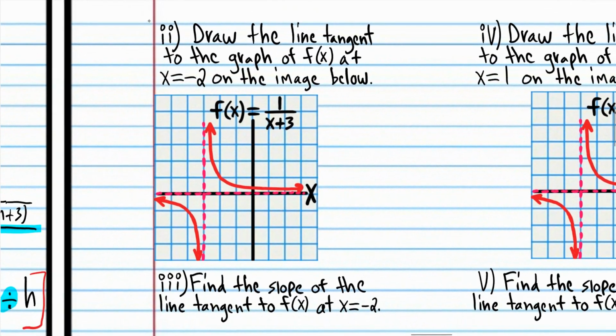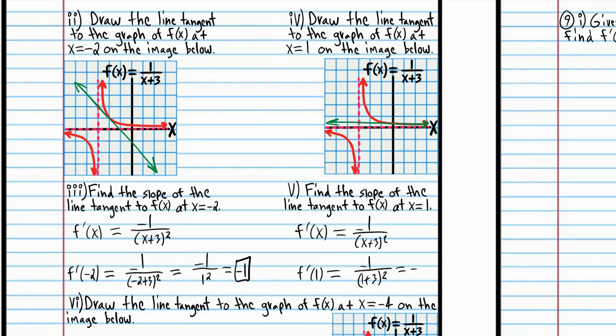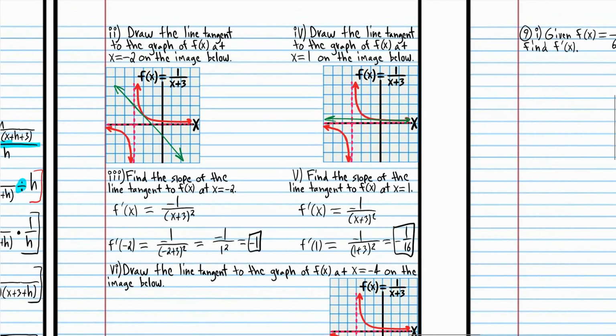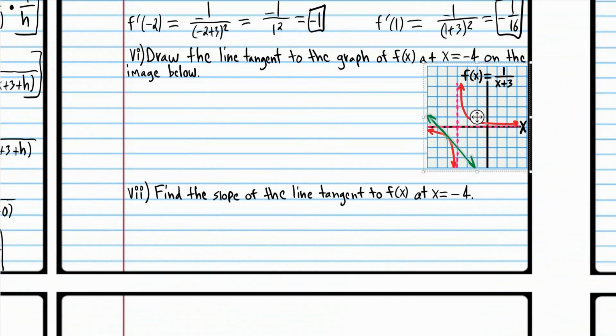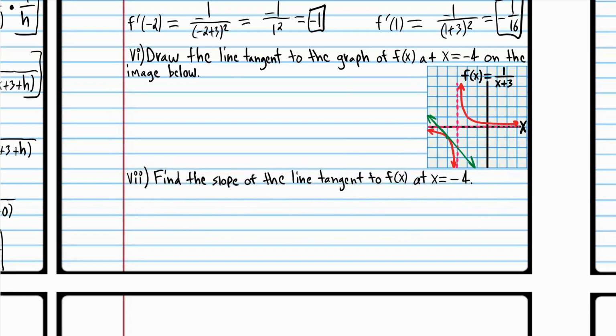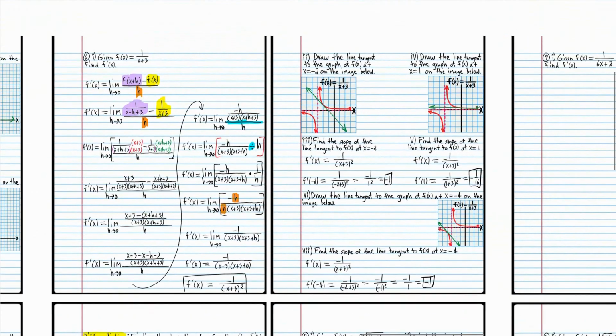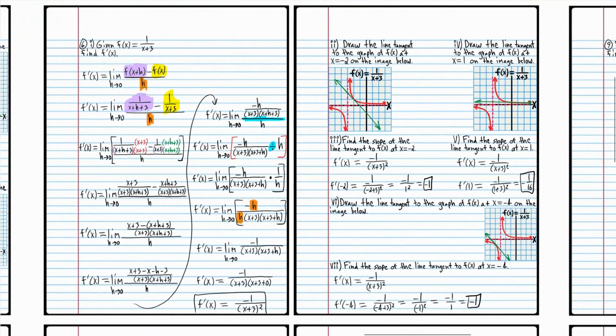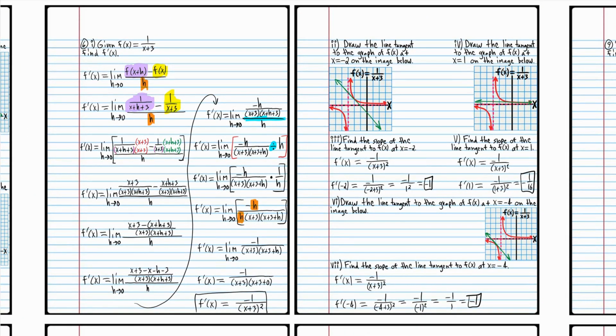It says draw the line tangent to the graph when x is equal to negative 2. So I'm going to count out 1, 2 units, which is equal to negative 1 over 16. Again, the slope of the tangent line is interpreted as the instantaneous rate of change of the function. So if you got that right, excellent.